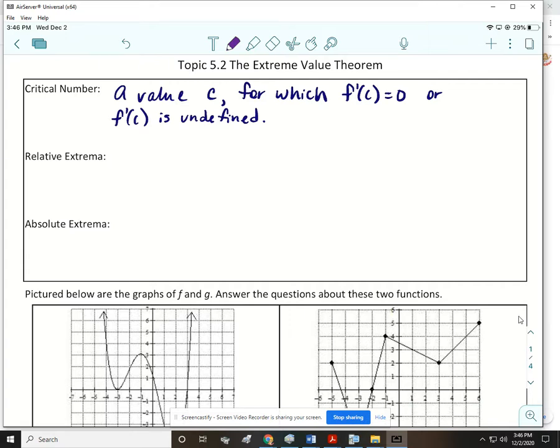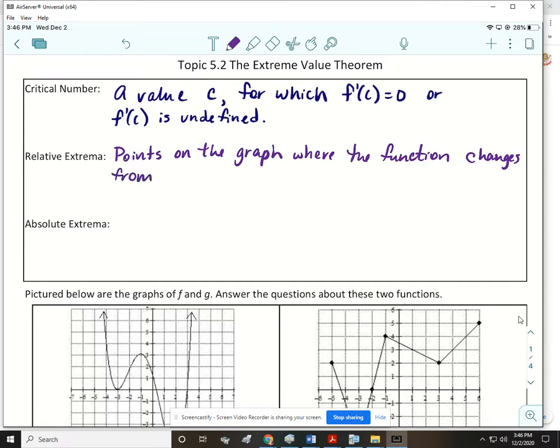And what we like to say about those is that they're points on the graph where the function changes from increasing to decreasing, or vice versa.